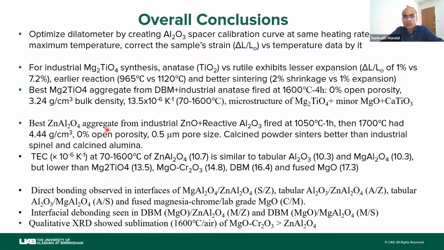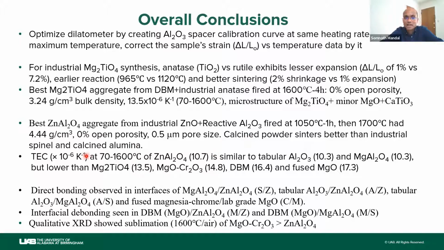Then zinc aluminate: we found that zinc aluminate prepared from industrial zinc oxide and reactive alumina is the best. It gives you 0% porosity, 4.44 density, and 0.5 micron pore size. So these can be used as an aggregate, and also the calcined powder at 1050 degrees C sinters better than industrial spinel and calcined alumina, so it can be used in the matrix in castable and brick formulations.